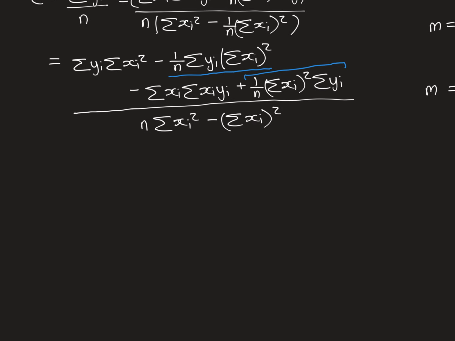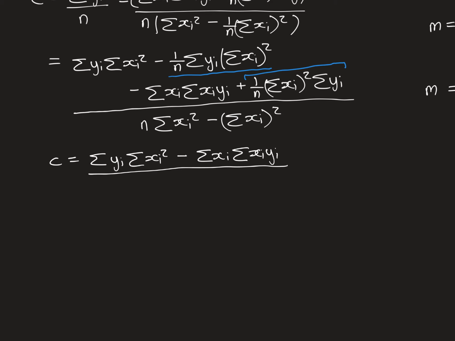And now what we're left with is that c is equal to the sum of yi sum of xi squared minus the sum of xi times the sum of xi yi, divided by n times the sum of xi squared minus the sum of xi all squared.